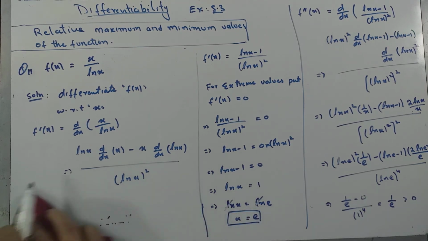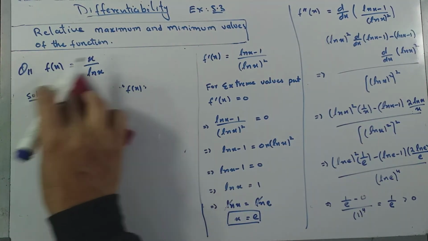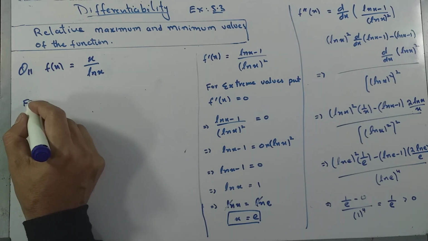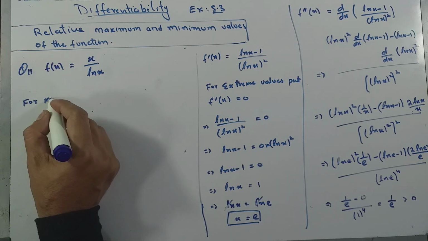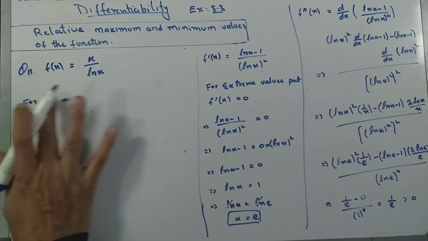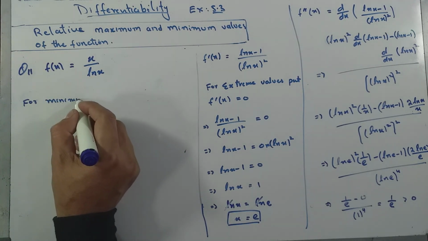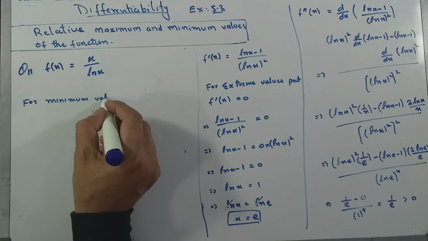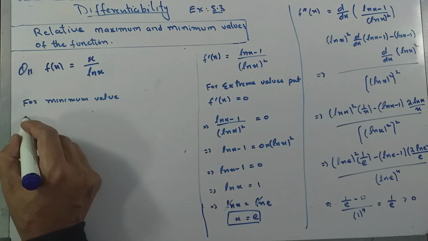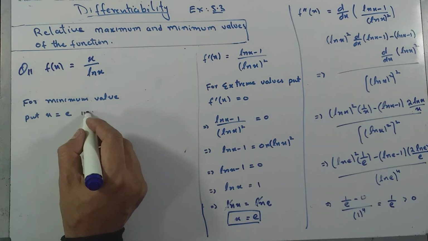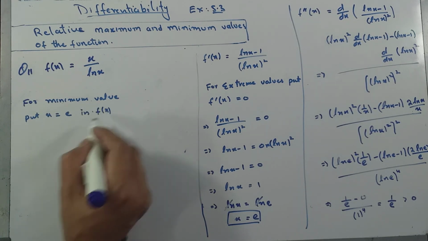I have to remove this one. For minimum value, put x is equal to e in f of x.